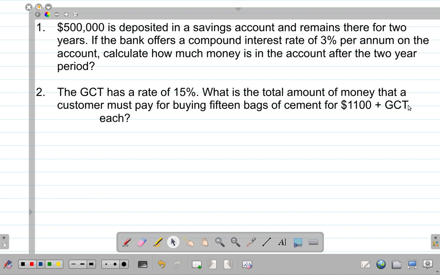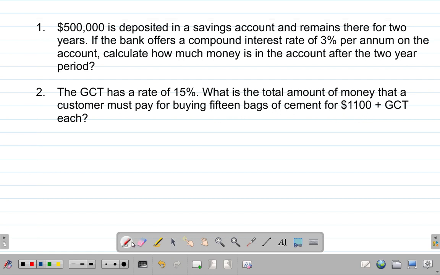All right. So you could calculate GCT on one and then multiply by 15, or you could just multiply the money by 15 then calculate the GCT, whichever one you want.